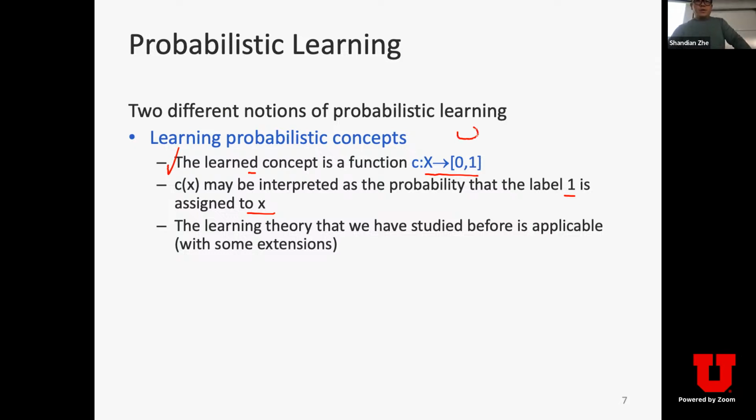Then, given this probability, we can make our own rules to decide the final prediction to be 1 or -1. Maybe I can put a rule like if it is bigger than 0.5, then I give label 1. If it is less than 0.5, say 0.2, I give label -1. But again, you have the flexibility to define the rule.